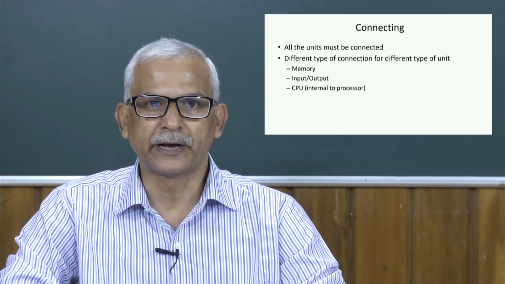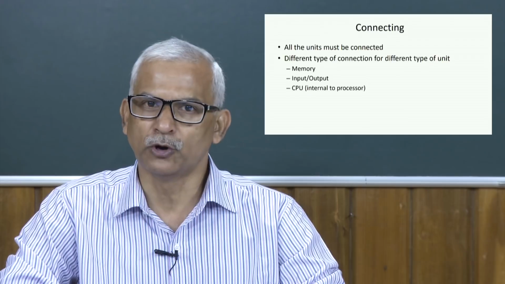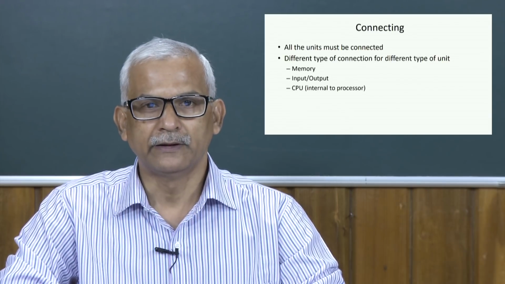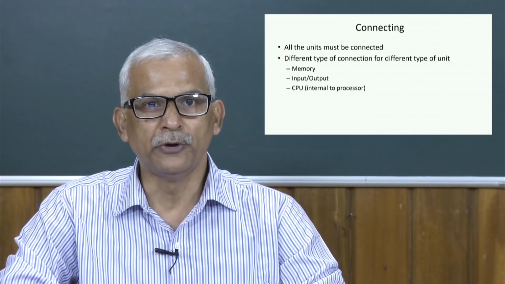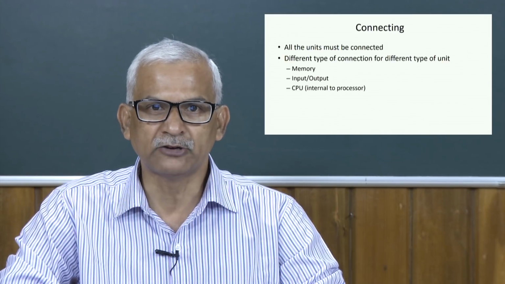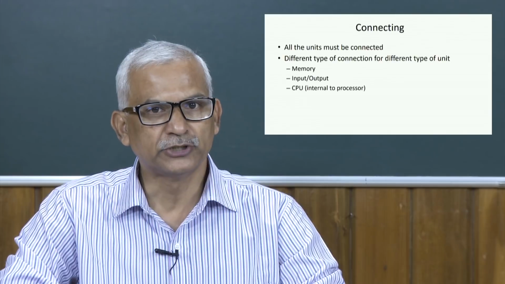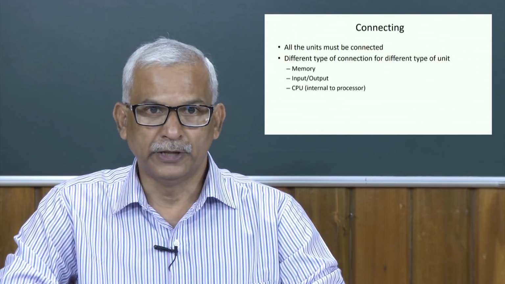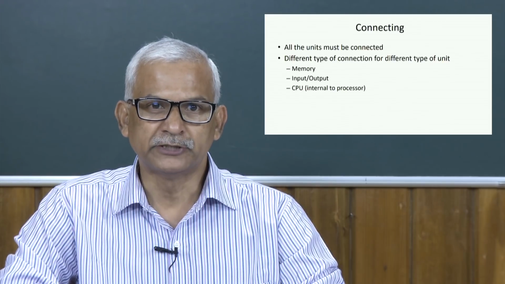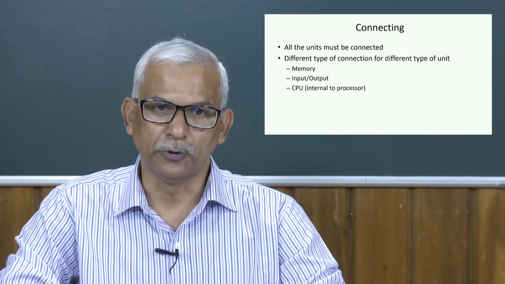We have another connection between the processor and input output devices, and another kind of connection, the CPU interconnection, which is basically internal to the CPU. Already I mentioned in our last lecture that all the components of the processor will be connected to each other through our internal CPU bus.